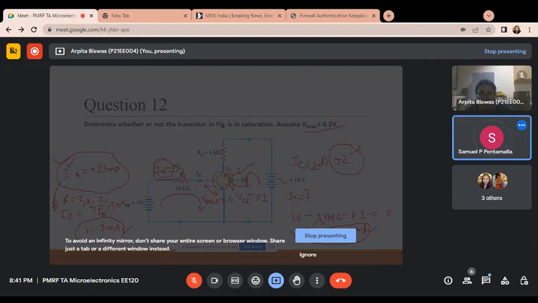So in that case we can say that we have enough input base current to produce the IC saturation current, and even if it is equal to the IC saturation, we can say that this circuit is in saturation mode.